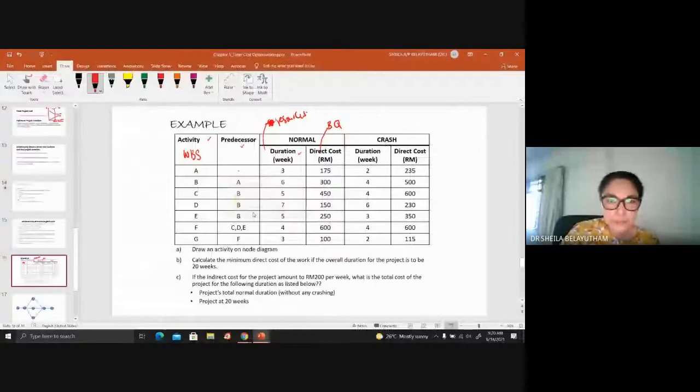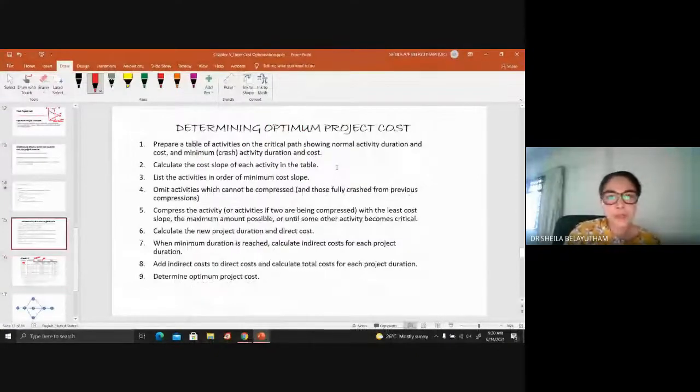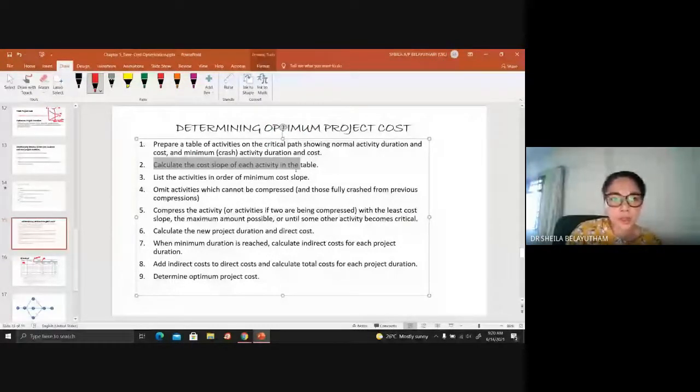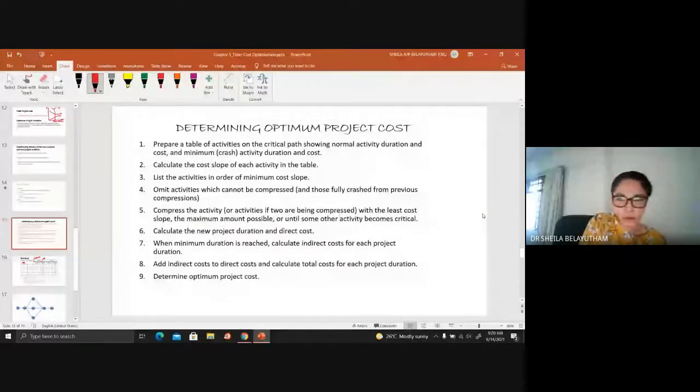So once you've done that, prepare a table of activities. You need to calculate the cost slope. So your cost slope is basically your crash cost minus your normal cost, divided by your normal duration minus your crash duration.